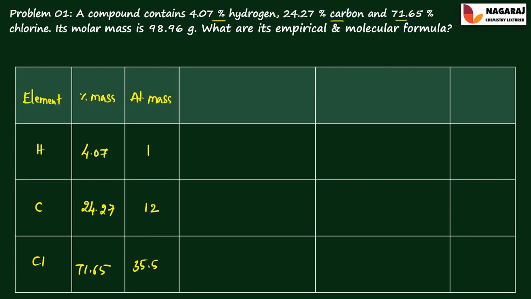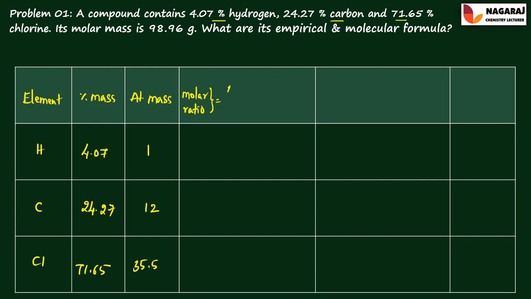So the atomic mass of hydrogen is 1, carbon is 12, and chlorine is 35.5.